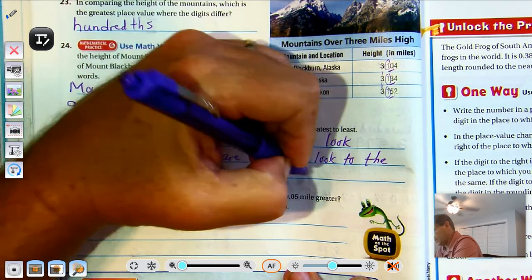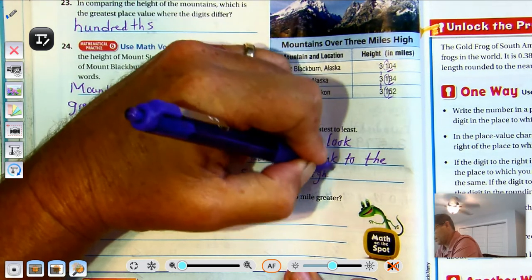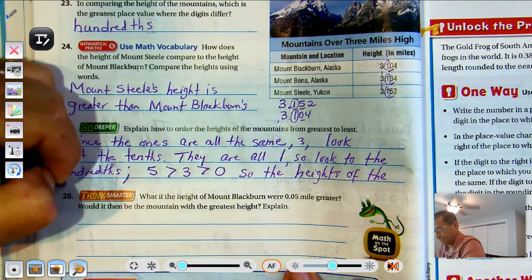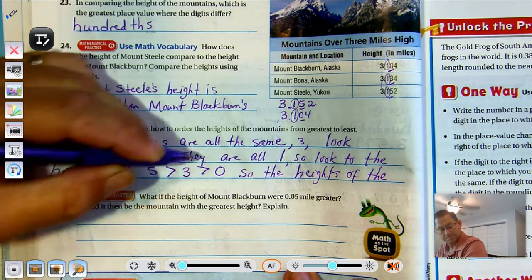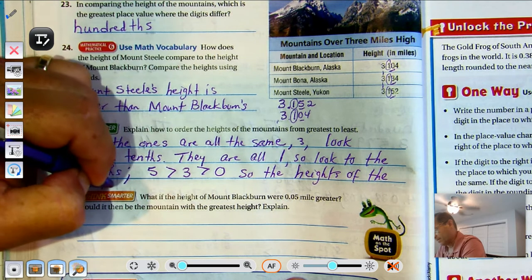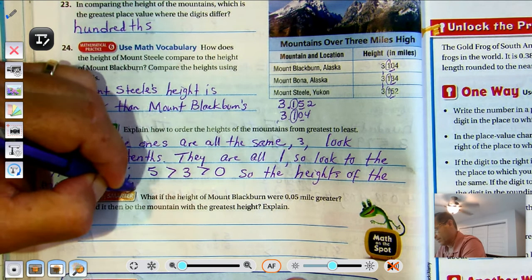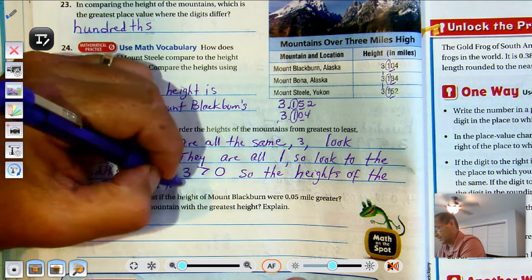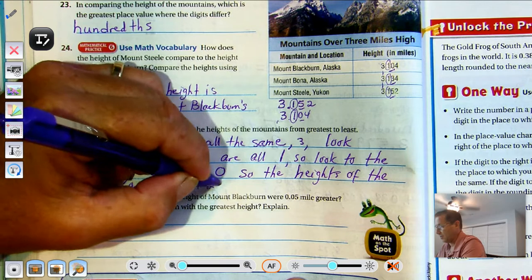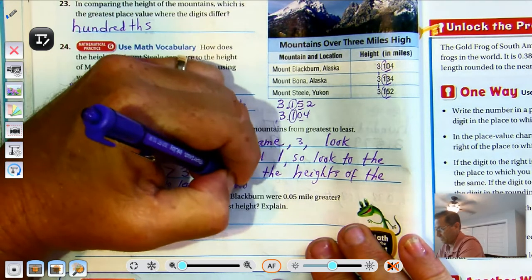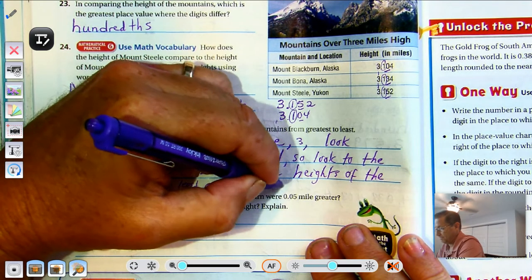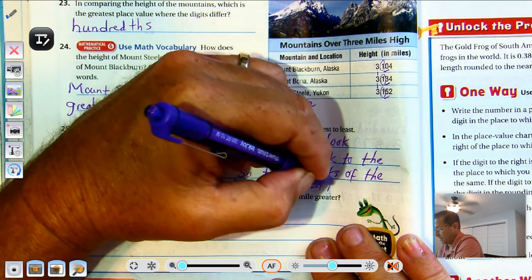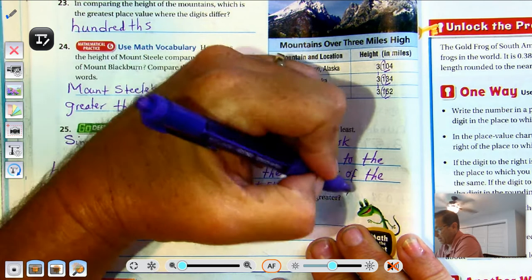So the heights of the mountains from greatest to least are Mount Steele, Mount Bona, Mount Blackburn.